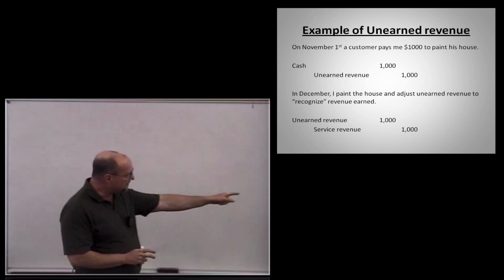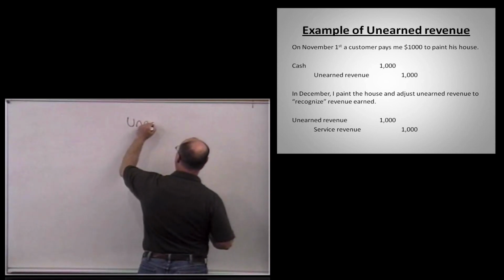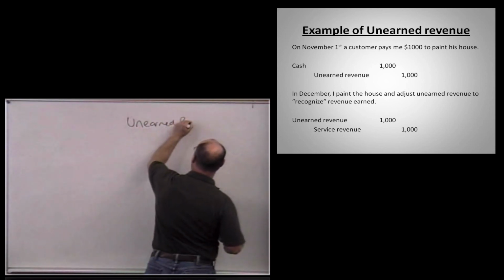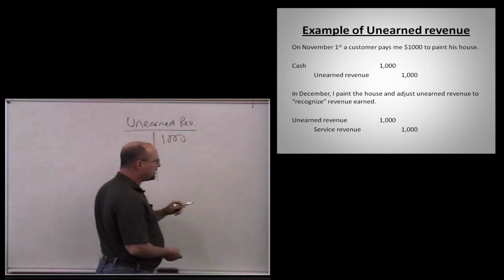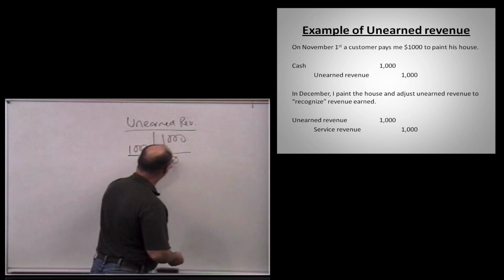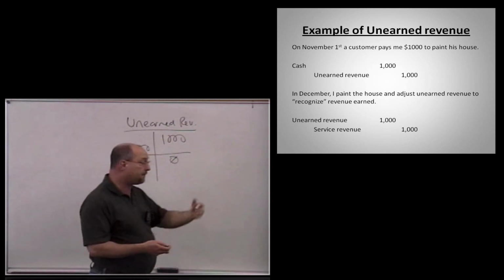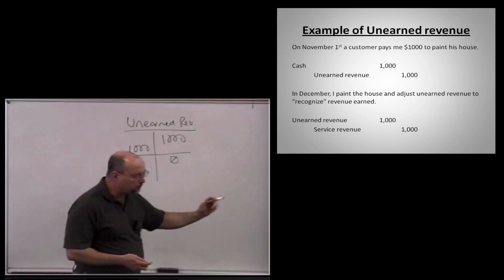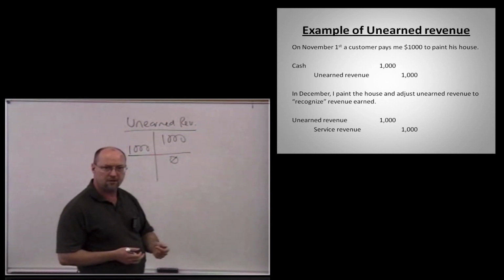I'm going to debit the liability. Remember, in my general ledger, here's unearned revenue. I have a $1,000 balance. Once I've earned it, I'm going to eliminate this liability because I've satisfied it. I don't owe him $1,000 of service. I simply have done the work, and now I'm going to credit service revenue, which goes on the income statement because I've performed the service. I've earned it.